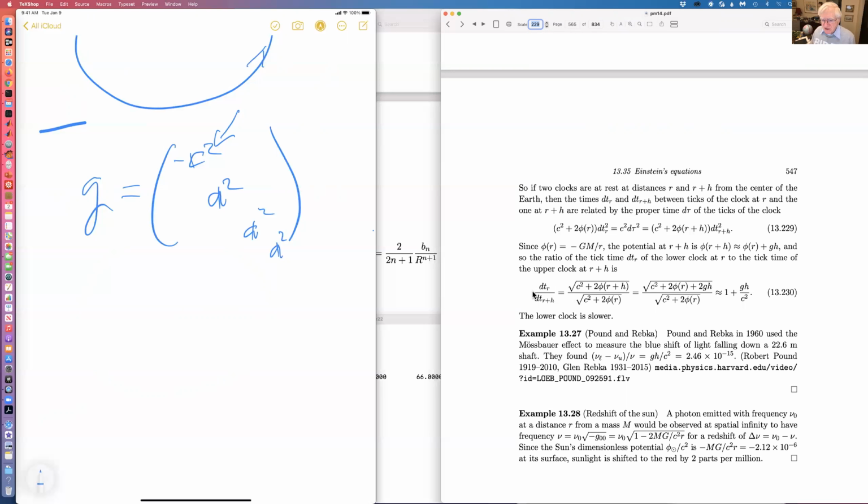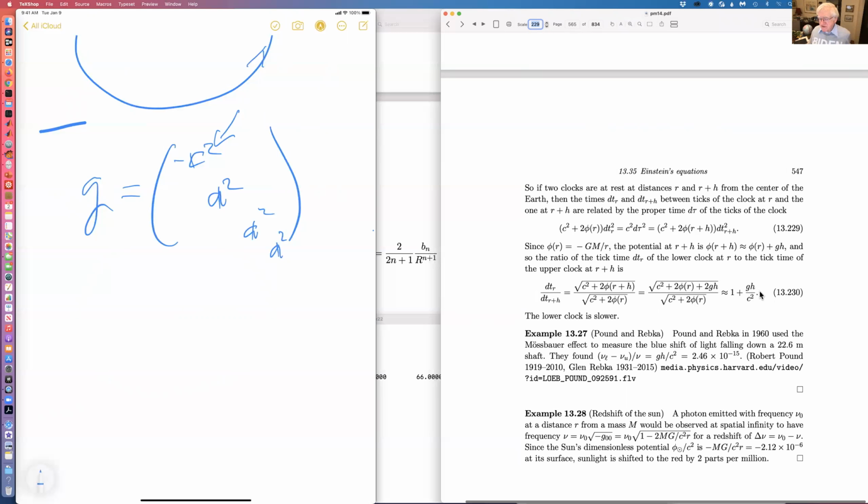And then if you compute the difference of the times for two points separated by a distance h, and you're just talking about experiments done on the surface of the Earth, then you have the local acceleration of gravity times the height divided by c squared. Notice that this is an acceleration times a length, which is a squared velocity, so this is a dimensionless thing.